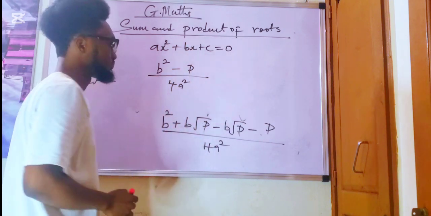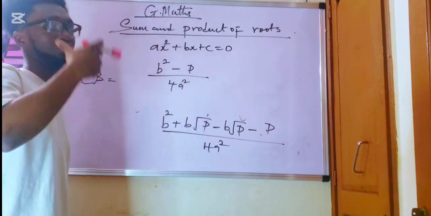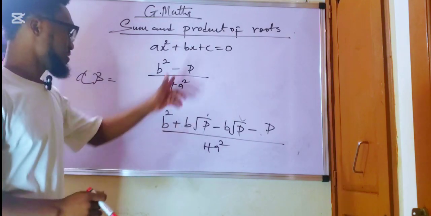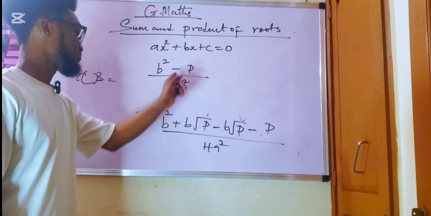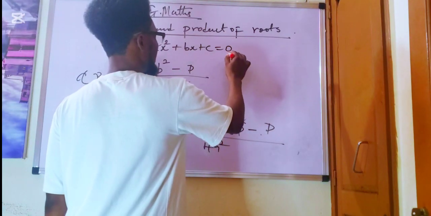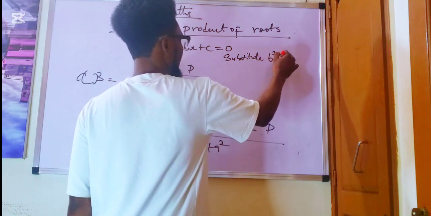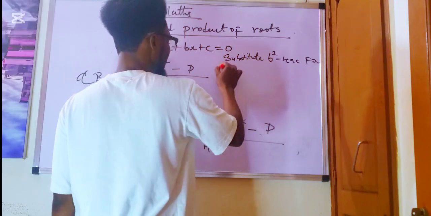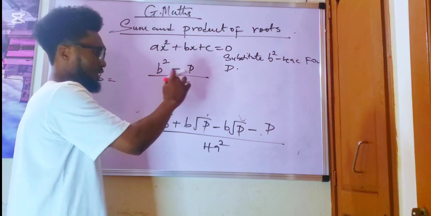So b squared minus d from what we have, divided by what? 4a squared. Now, I want you to recall that this d here, we substituted b squared minus 4ac for d. So at this point, you have to resubstitute back b squared minus 4ac for d. So what we have to do now is we say substitute b squared minus 4ac for d. In that case, please look clearly.